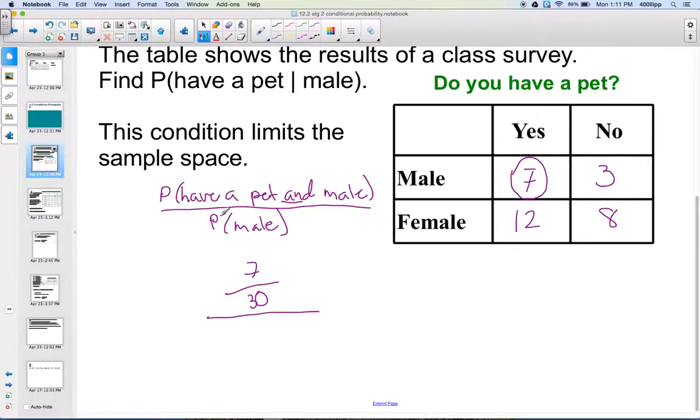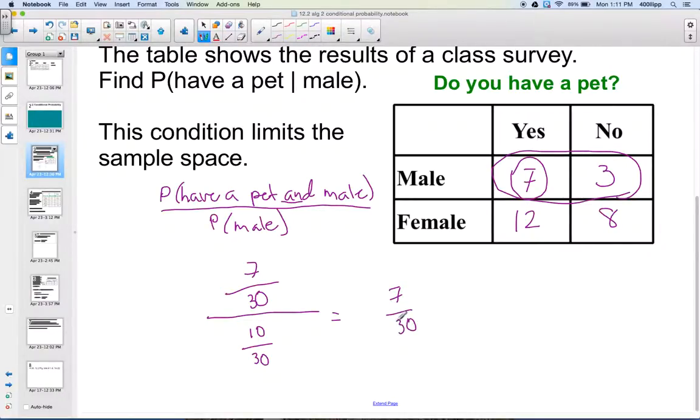Then we divide that by the probability that they are a male. There are 10 males in this class, so 10 divided by the total, which is 30. When we are dividing by a fraction, we always multiply by the reciprocal.